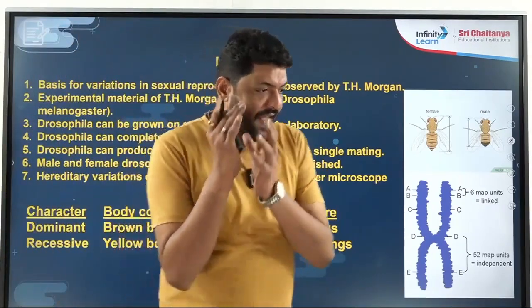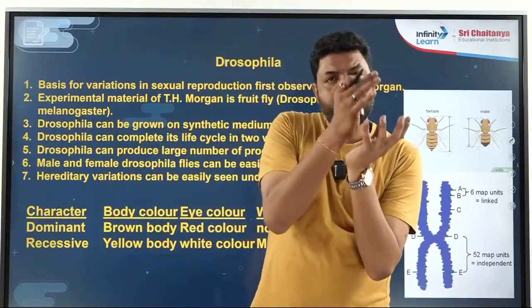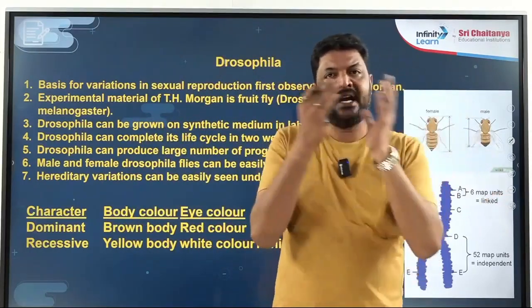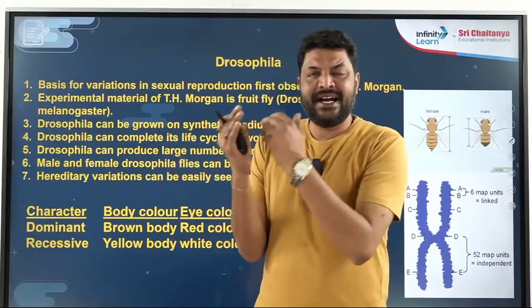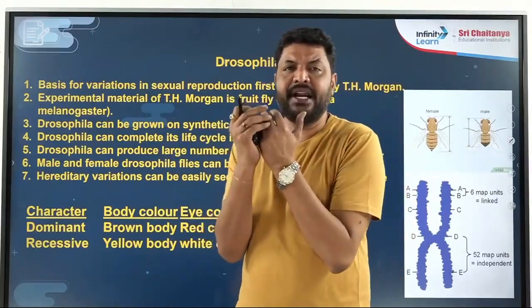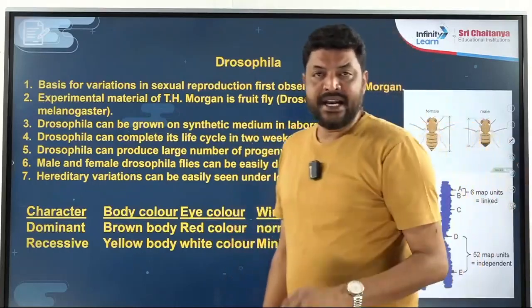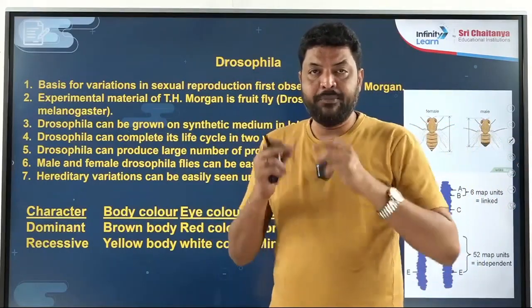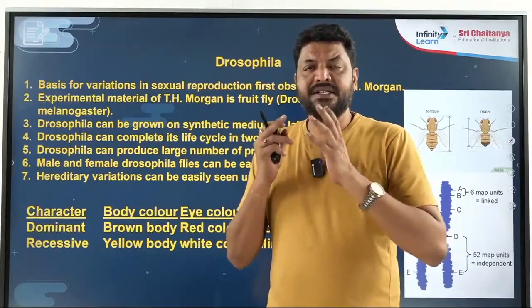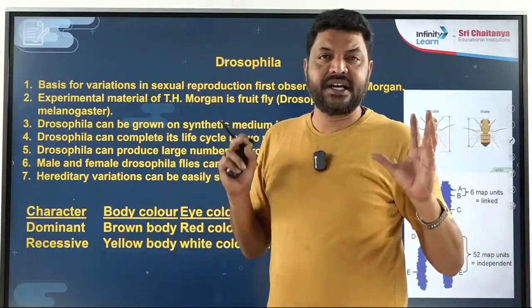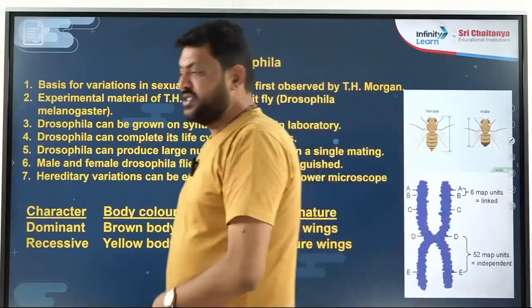One Drosophila's eye color is red, another one pink, another one white, another one orange, another one honey color, cream color. Such great variations can be observed in eye color, wing characters and body color. These are called genetic variations.